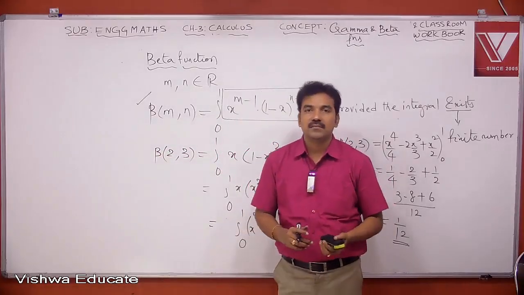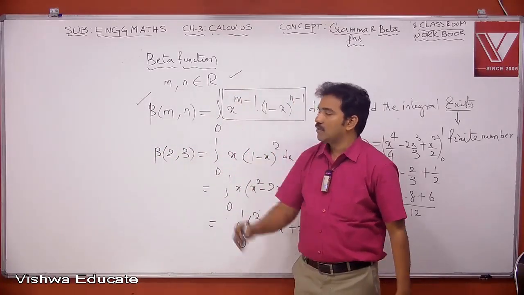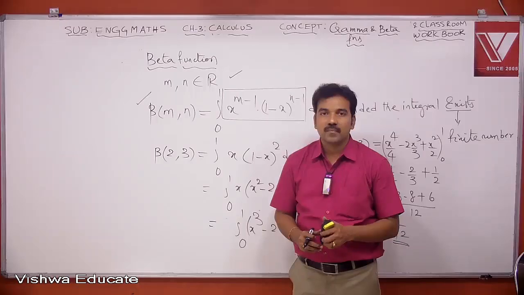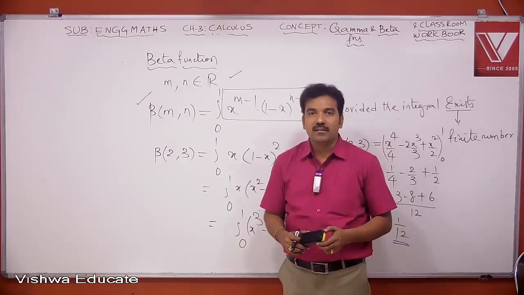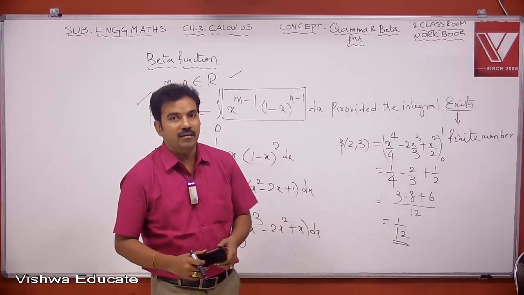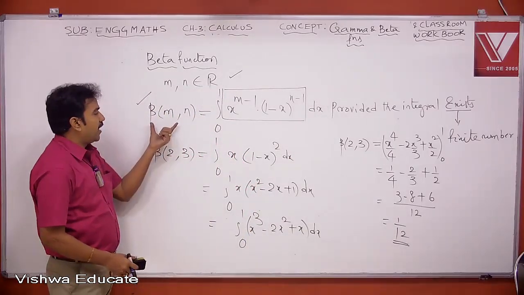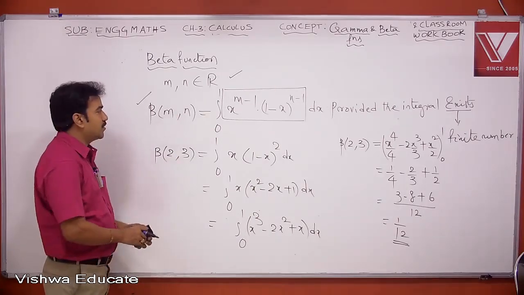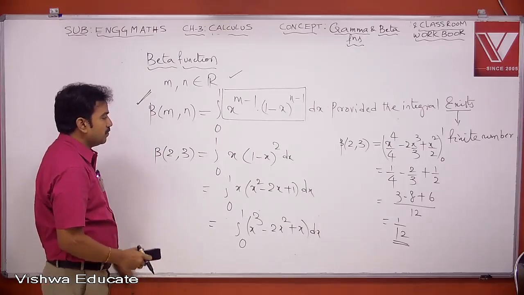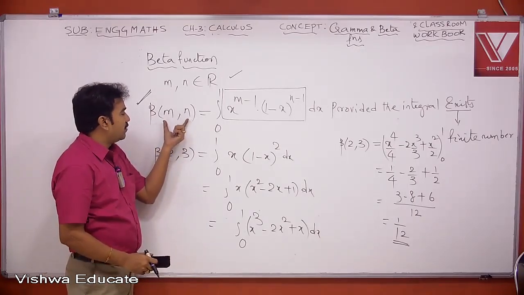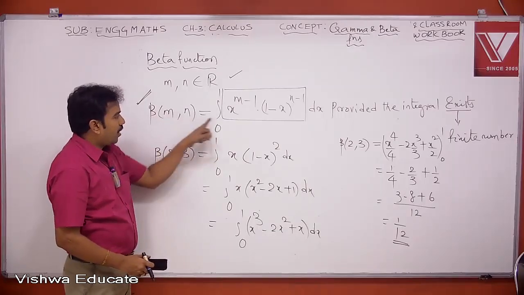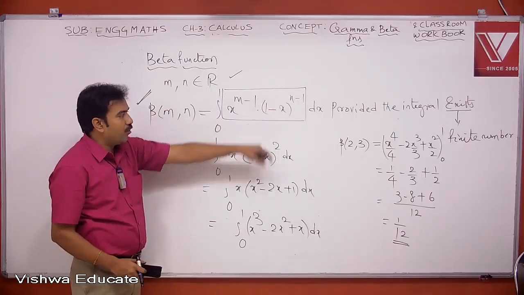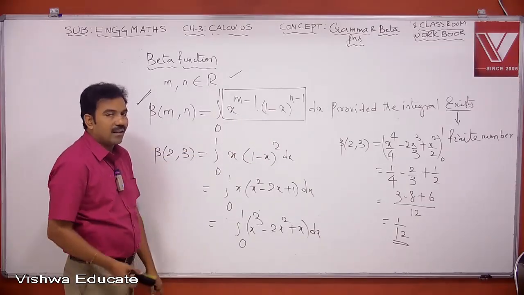Let m comma n be two real numbers. Then the beta function for m comma n is denoted and defined as beta of m comma n equal to this integral from 0 to 1 of x power m minus 1 into 1 minus x whole power n minus 1 dx, provided the integral exists.